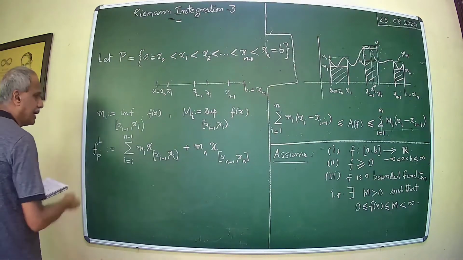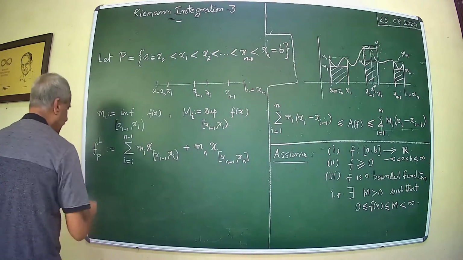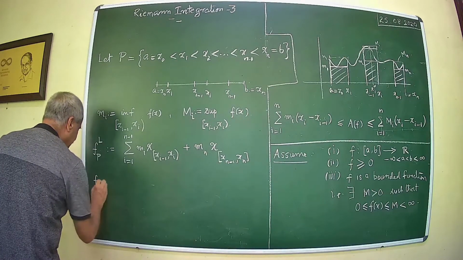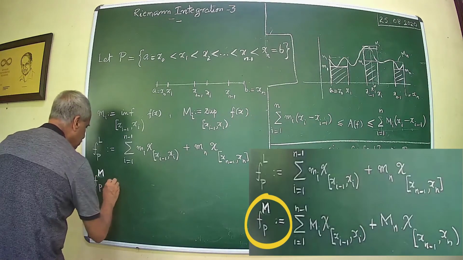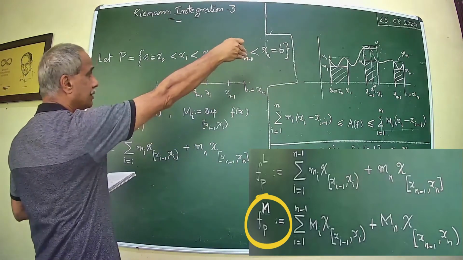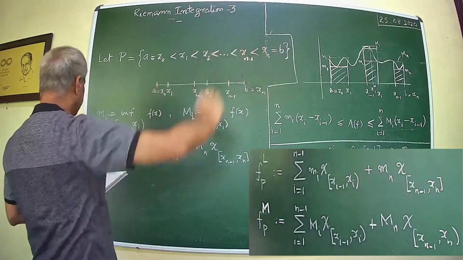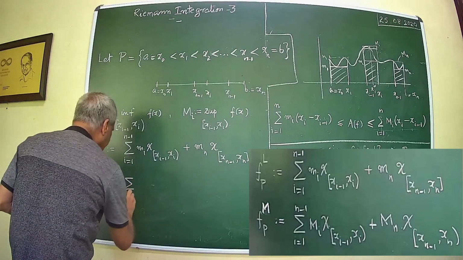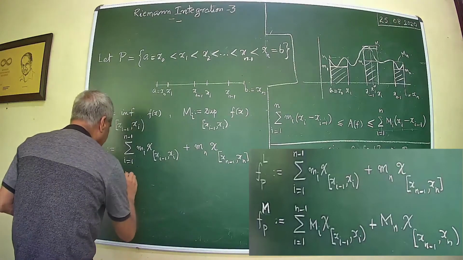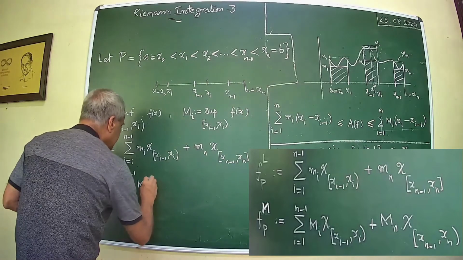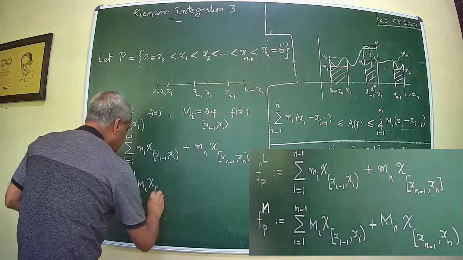Similarly, I also define f_P upper. This is the upper step function that I have introduced, which is equal to the sum from i equal to 1 to n minus 1 of capital Mi times chi of the interval.